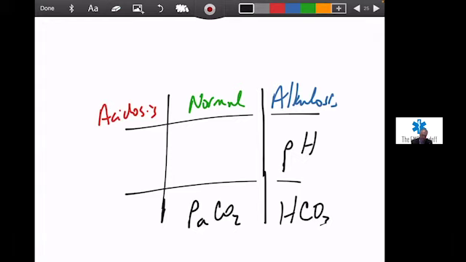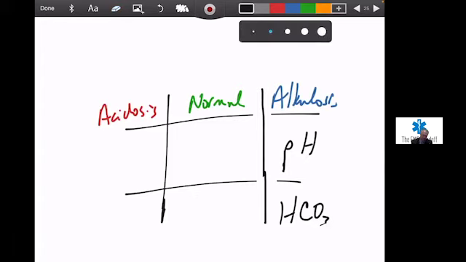All right. So if this were partially compensated, this would want to move right over there. What would happen is the patient would start retaining some carbon dioxide. And when they retain their carbon dioxide, let's say that number eventually goes up to 52. Well, that makes it acidotic.